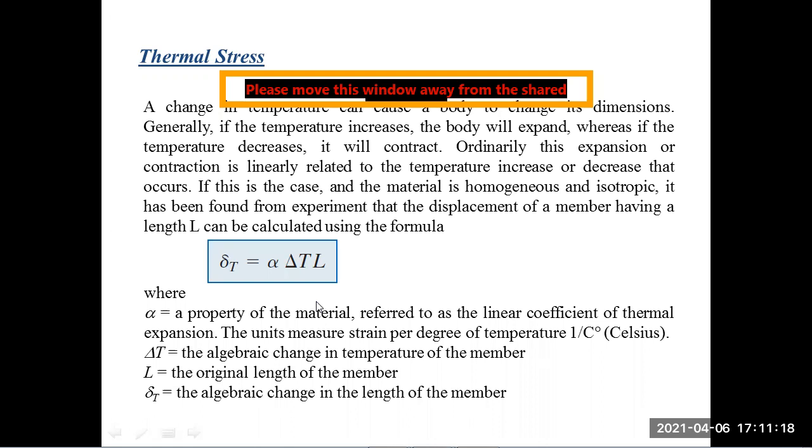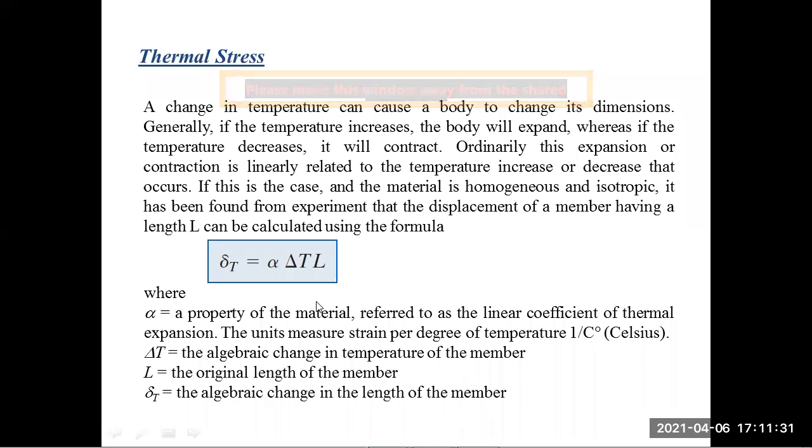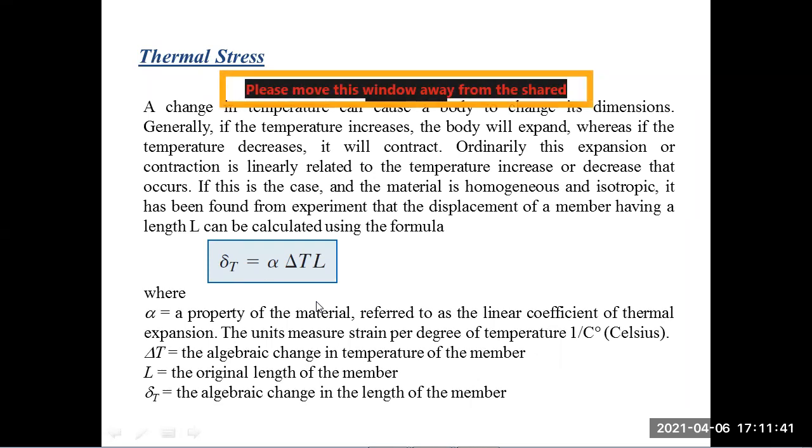When you raise it from a certain temperature to another temperature, like from 30 degrees Celsius to 50 degrees Celsius, the amount of temperature that you have raised would affect the structural element length.